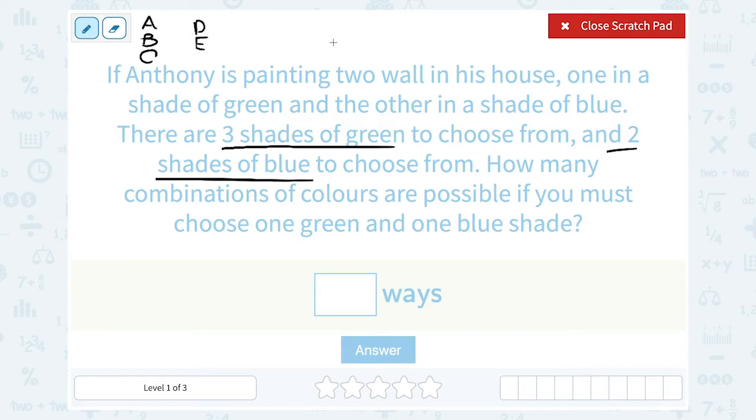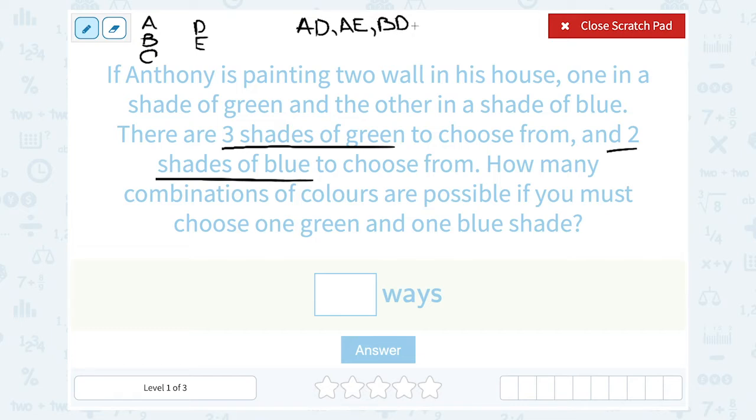So if I look at these lists and try to make myself an ordered list of all the possible combinations, well, he can choose green color A and blue color D, green color A and blue color E, right? Those are all the combinations picking green color A. And then you would keep going. He could also choose green color B with either of those, right?